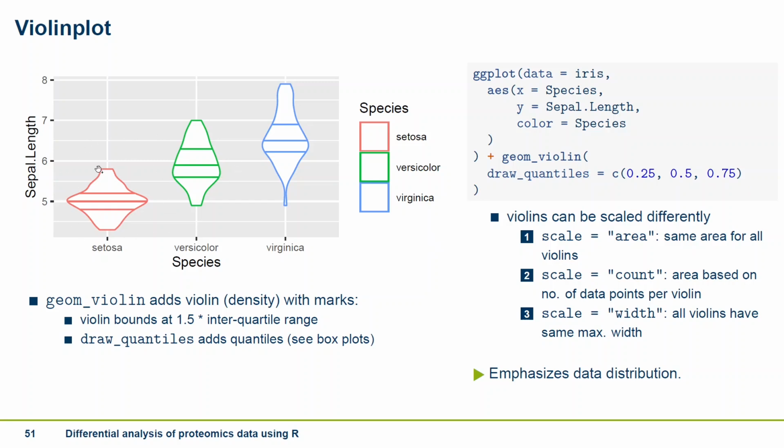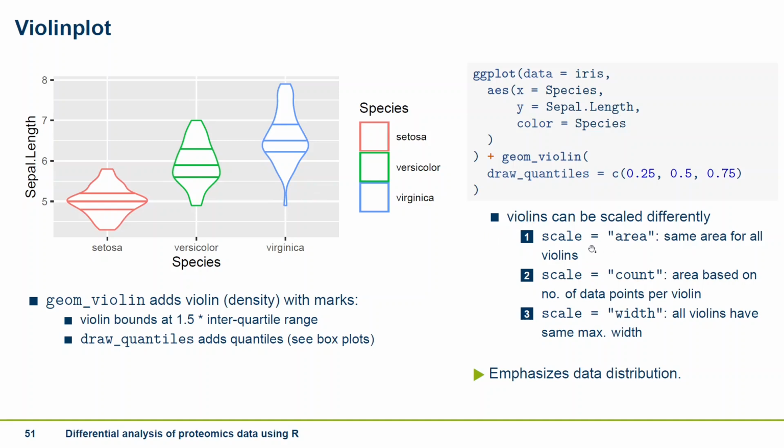Then you can see here a combination of some kind of box plots, but with also a density element. In areas where the plot is very small, you can see that there are not many data points, but here in the middle there are more data points. This would allow you also to assess multimodal data, for example. There are different scales that you can use.